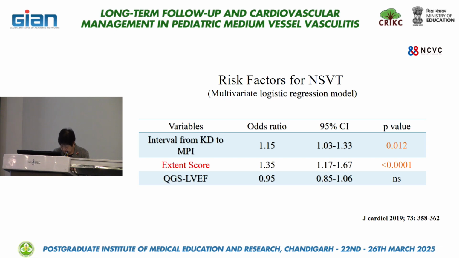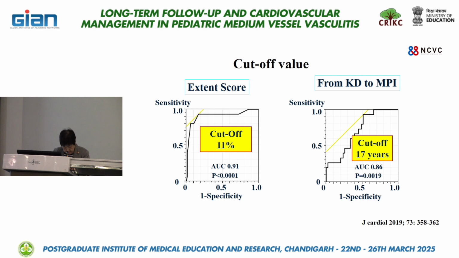Extent score was the most significant marker for the prediction of NSVT. The cutoff value for extent score predicting NSVT was 11 points, and the interval from the onset of KD to MPI was 17 years.